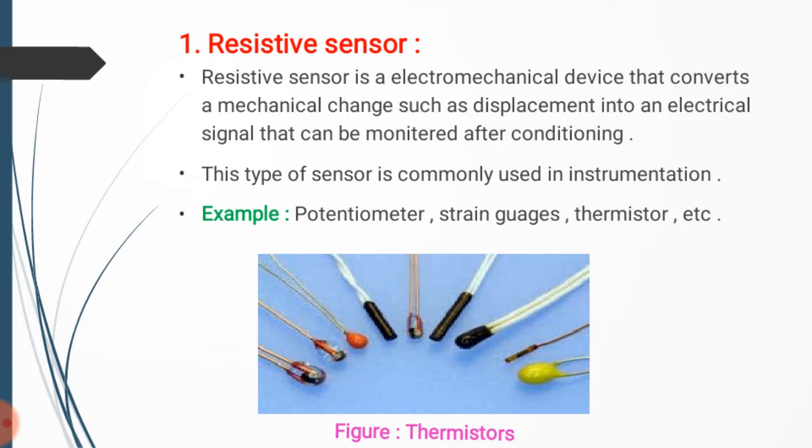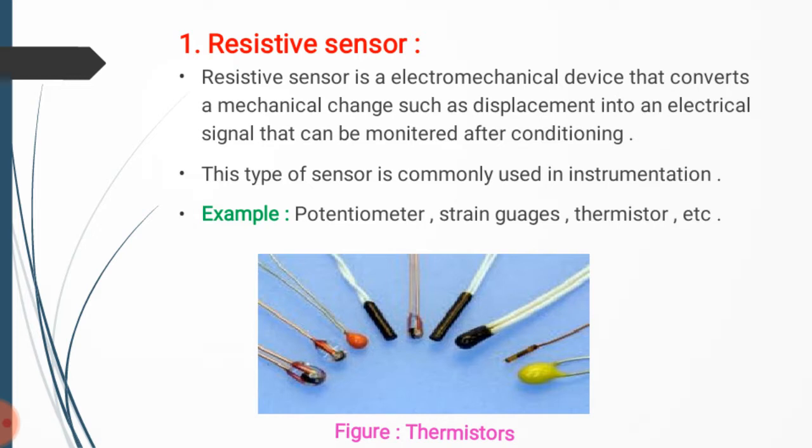For example, consider the potentiometer. In a potentiometer, we vary the knob on the rod, as in the rheostat instrument, by changing the distance or the position of the knob. So there is a change in the resistance.